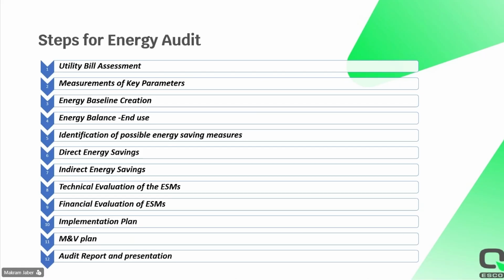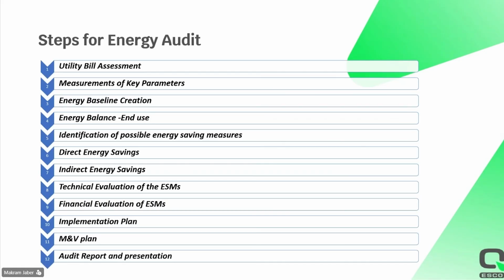Whenever we have a project where we have to start with an energy audit, we have to go through these 12 steps. We have to do first the utility bill assessment. We will take information about the bills of this facility, and we will study these bills. I will go through it later on.